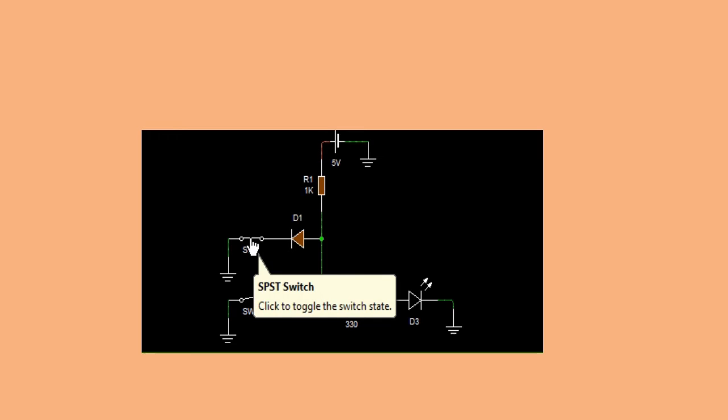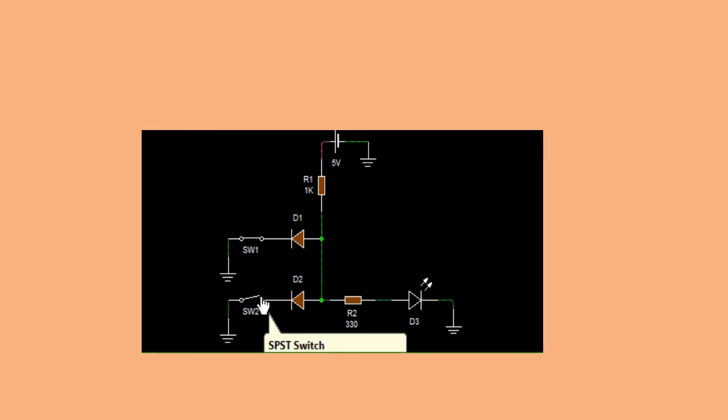So the current passes through this path. No current will flow through this branch, so LED will not glow. So when one input is in logic low state and the other input is in logic high state, we get output 0.